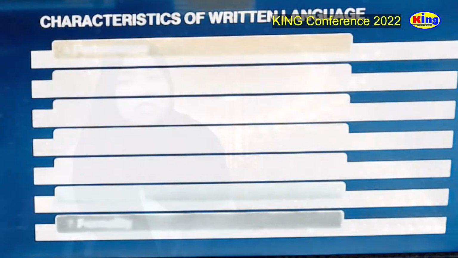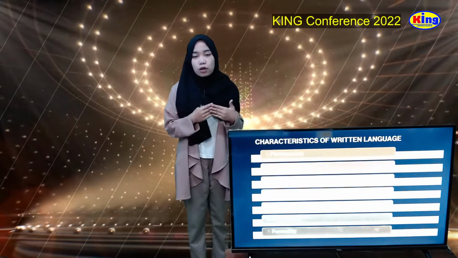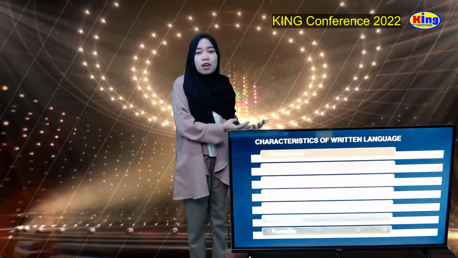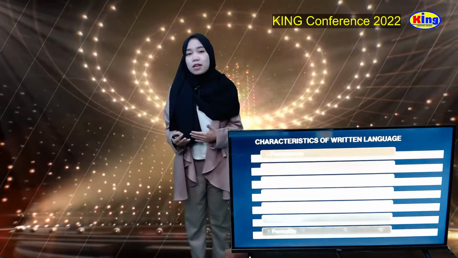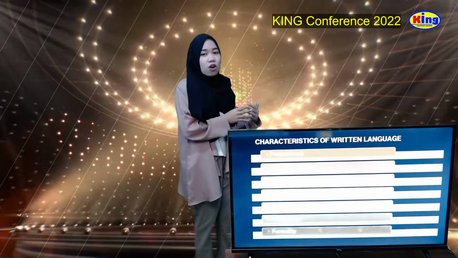All right, on to the next one, processing time. Reading written language takes time for us to digest. It is okay to be a slow reader, and a fast reader is also accepted. Processing time when we read is different from spoken language, because when someone is speaking, we directly digest what they are trying to convey, but in reading, it takes more time, and it depends on the rate of the readers.